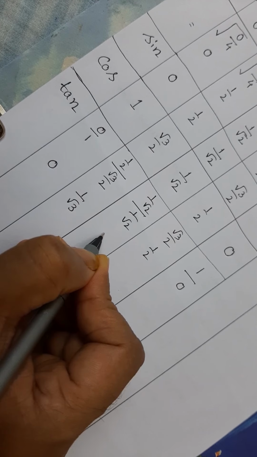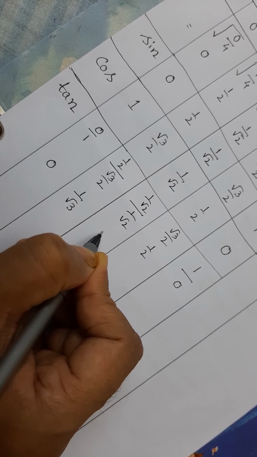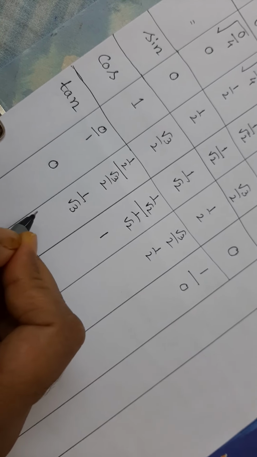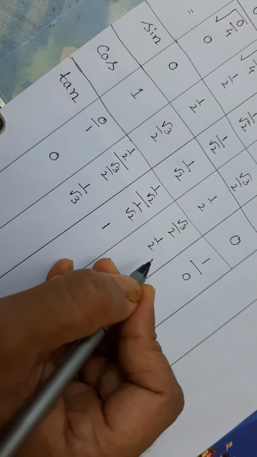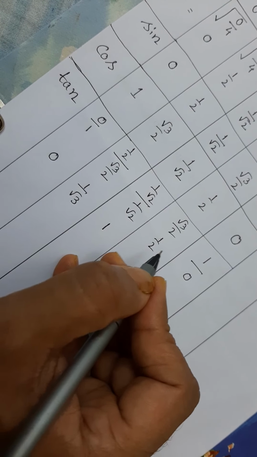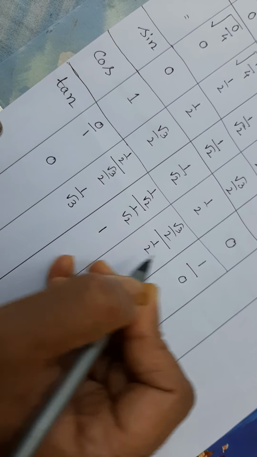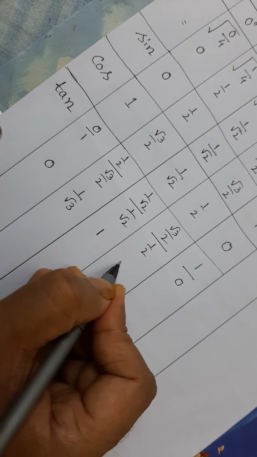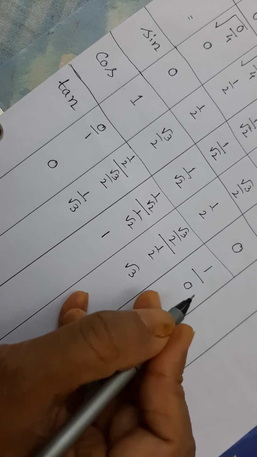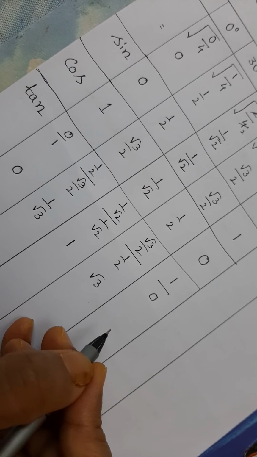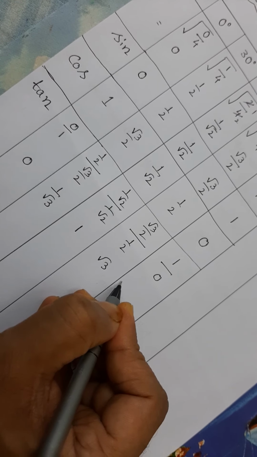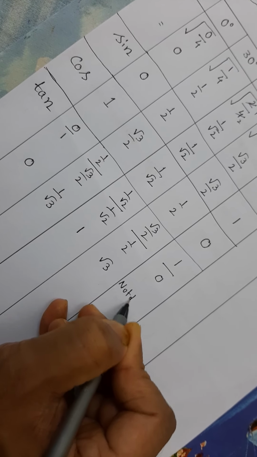Then here 1 by root 2, 1 by root 2, both cancel, that is 1. Root 3 by 2 divided by 1 by 2, so 2 cancel, that is root 3. And 1 by 0, we know it is not defined, that is infinity.